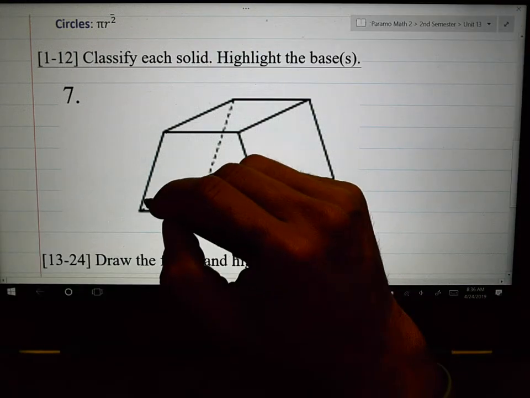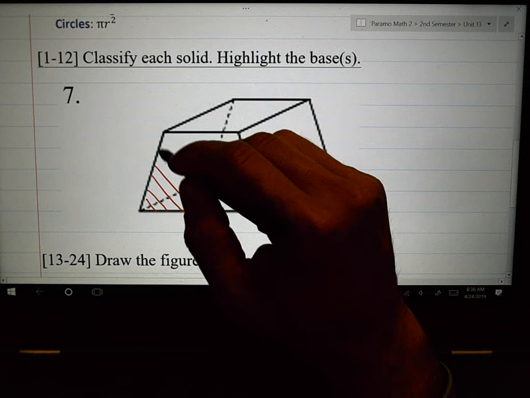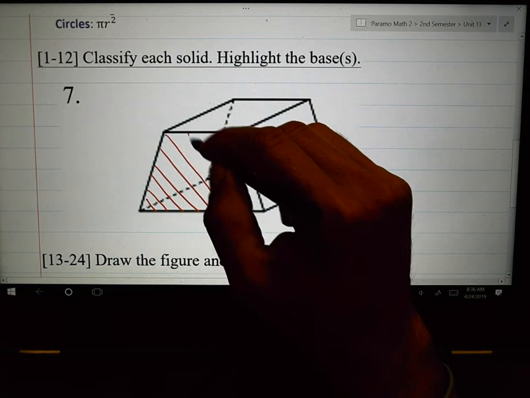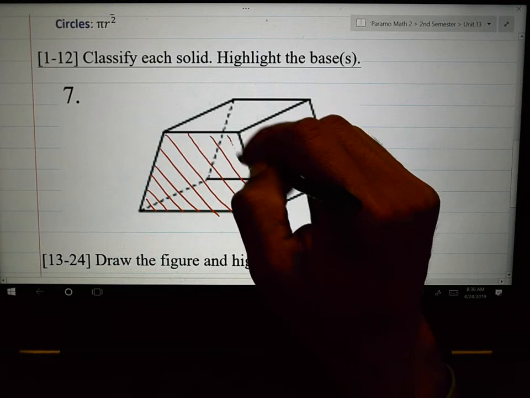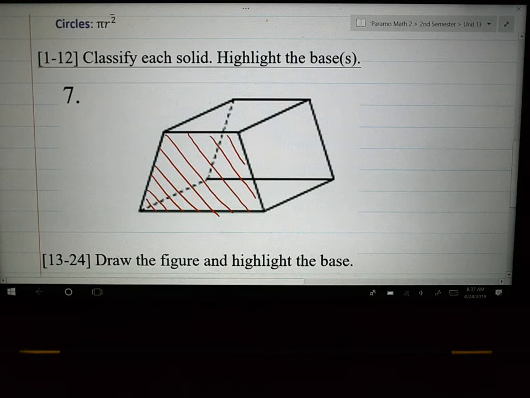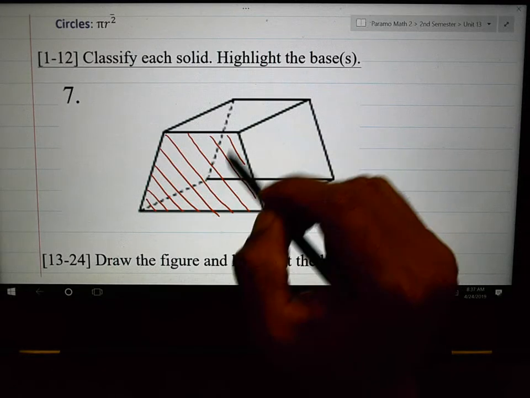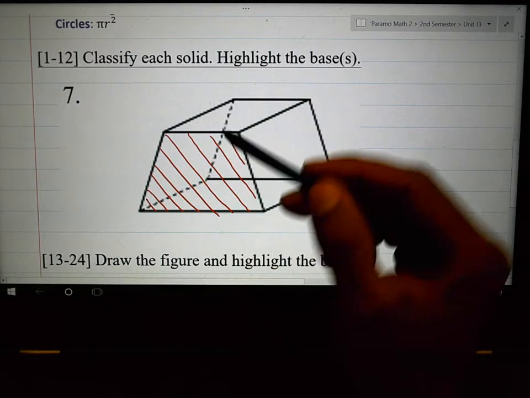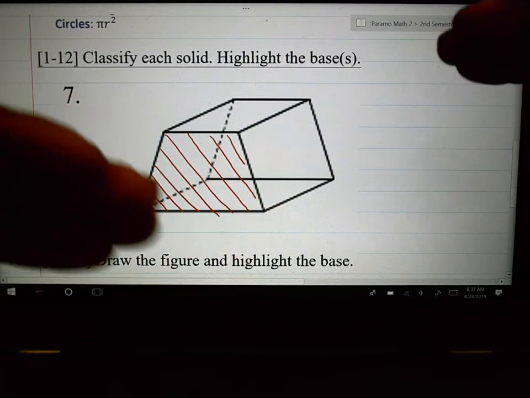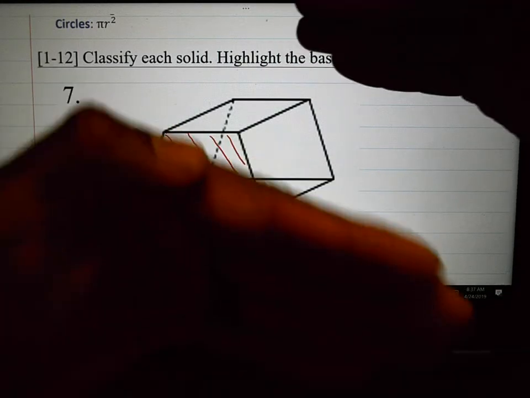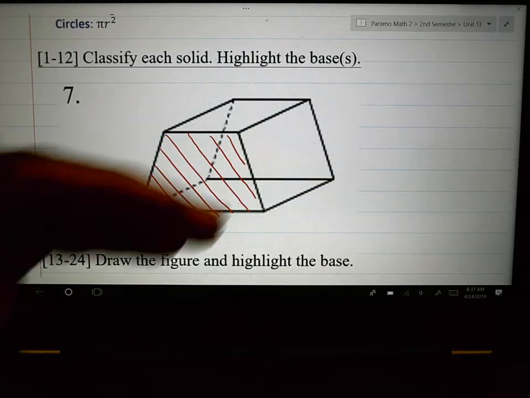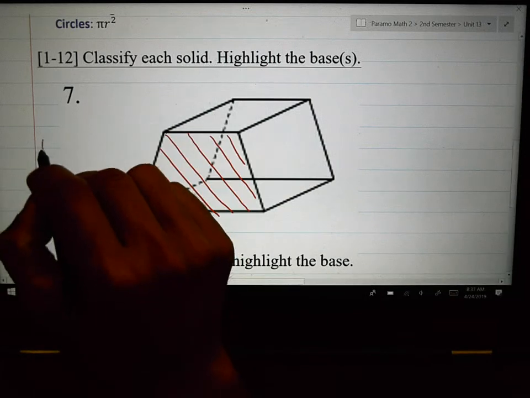I'm going to highlight it here. I'm shading this in. The front of this shape is the shape of a trapezoid. It matches the back of the shape, and notice the front and the back are going in the same direction.